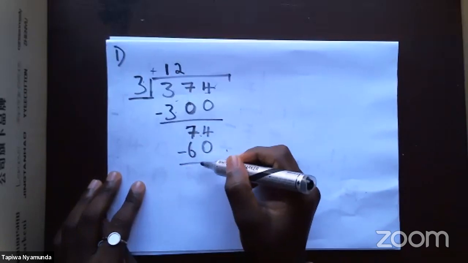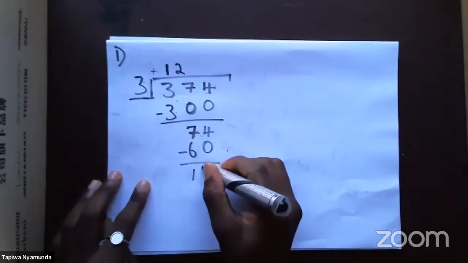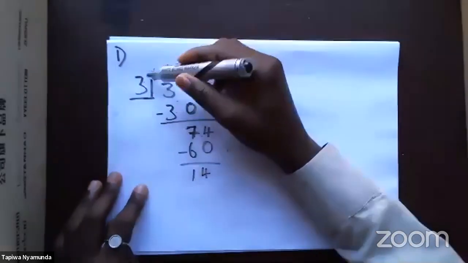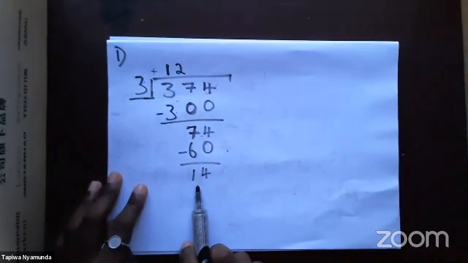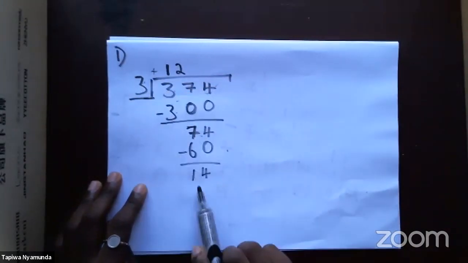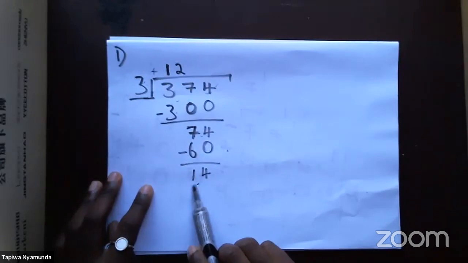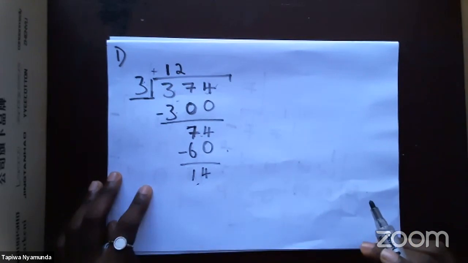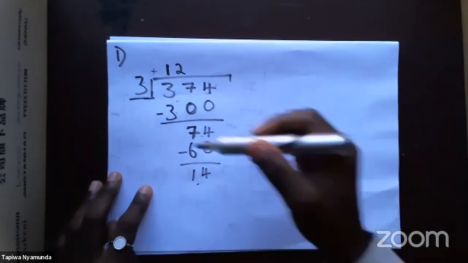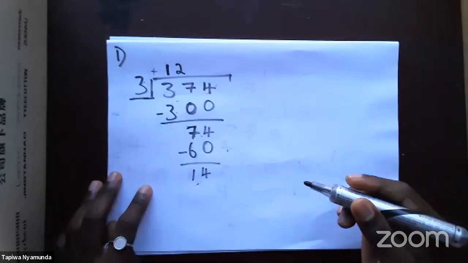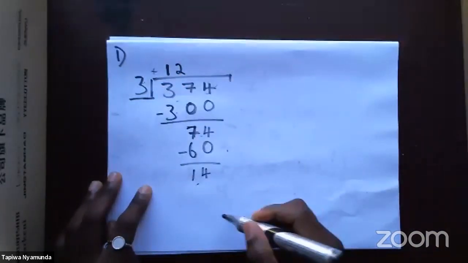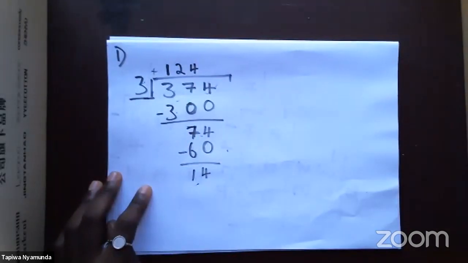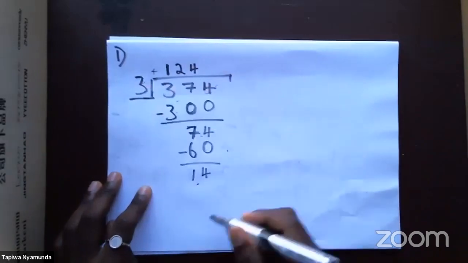74 minus 60, I'll get a 14. Then I'll write a 14 there. Then I will say 3 into 14. What am I going to get when I say 3 into 14? When I say 3 into 14, I'll get a 4. Then I'll say 4 times 3, and I'll get a 12.